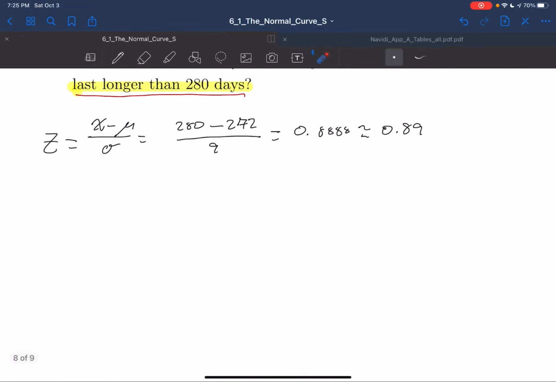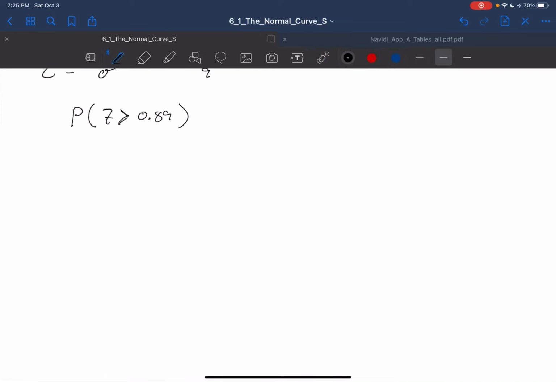So we want to find the probability of z greater than 0.89. We know that it's greater because the keyword is lasts longer than. And this gives you the idea that we need to find the area to the right of this value. So here, let me just draw the curve.